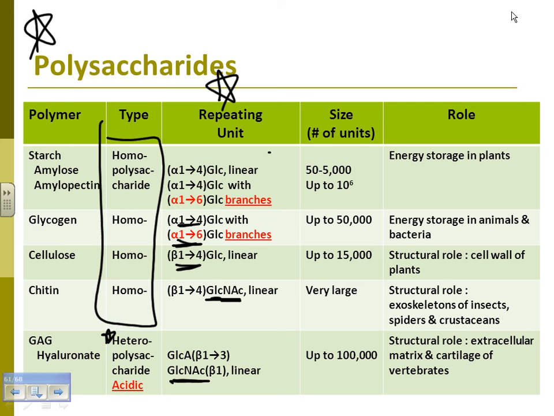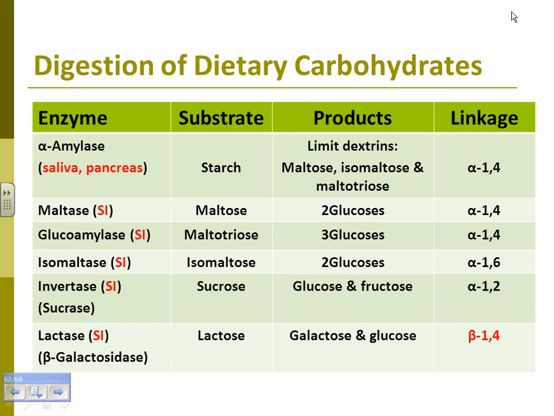These are all glucose here, but this last one has chitin and GAGs have glucosamine in them. The role, I would know that as well. Alright, this is guaranteed a couple questions at least, and you kind of just have to know everything on there.